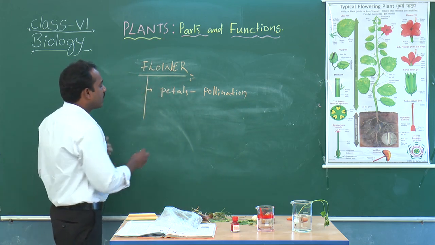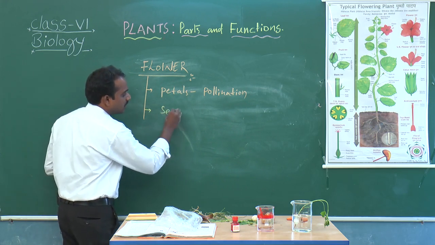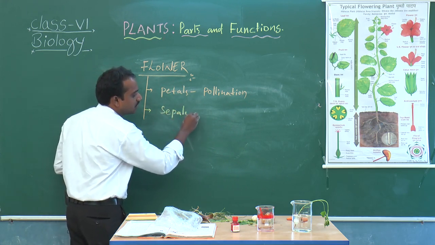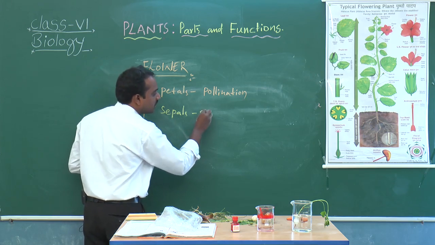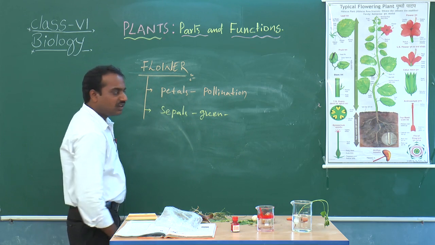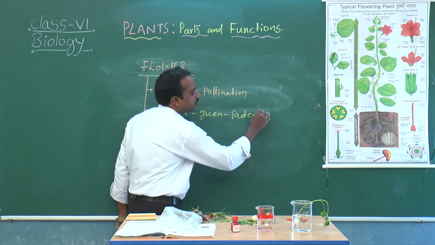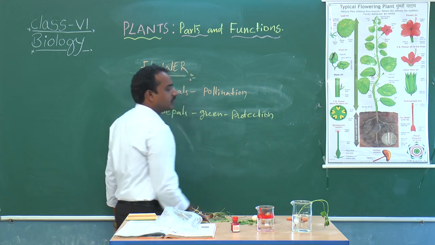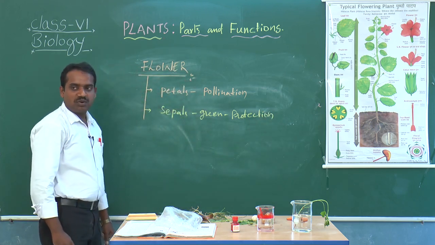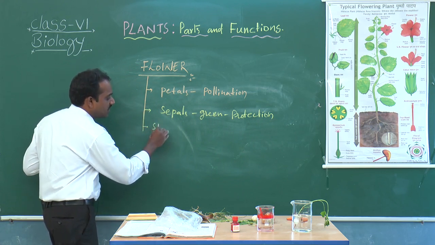Second, the flower also consists of sepals. These are the parts which are green in color and help in protection of the inner parts. The most important part of the flower is called the stamen.